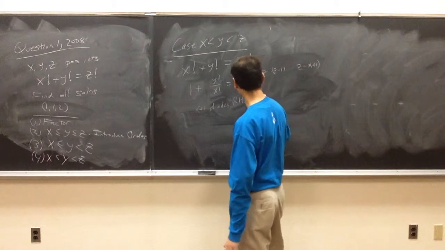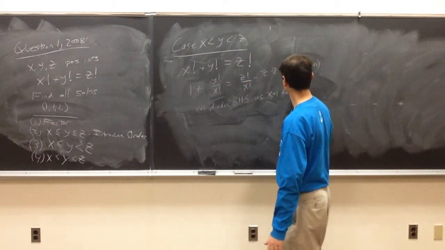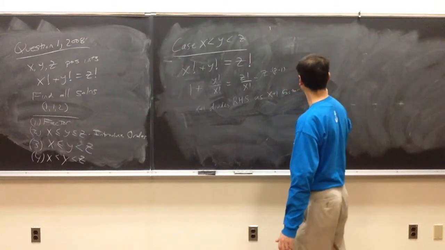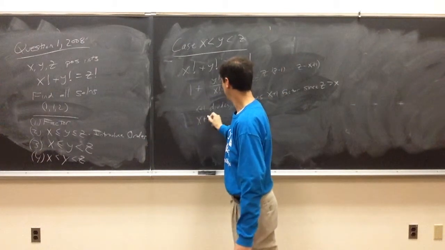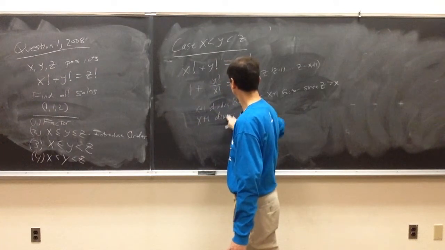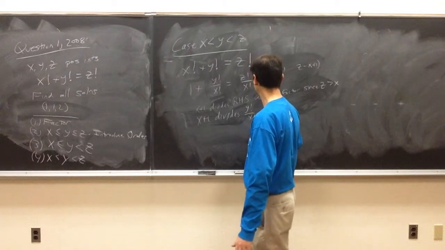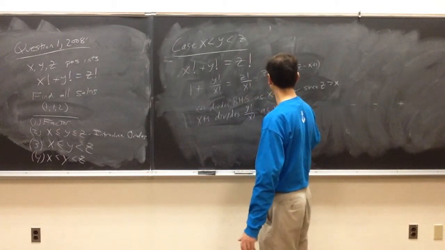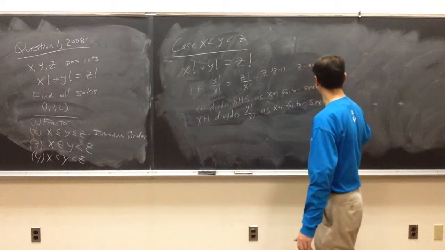So x plus 1 divides the right-hand side as x plus 1 is a factor, since z is greater than x. x plus 1 divides y factorial over x factorial as x plus 1 is a factor, since y is greater than x.